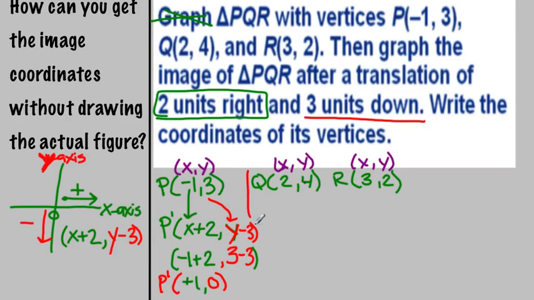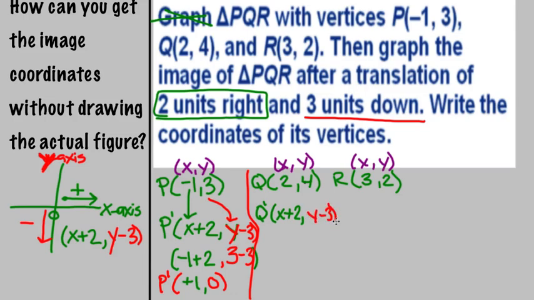I wish I could say you were done, but you're not, because you still have to do it for point Q and for point R. You need to, again, take this same algebra principle, and you need to know that to find Q prime, you need to take the x value and add 2, and you need to take your y value and subtract 3.